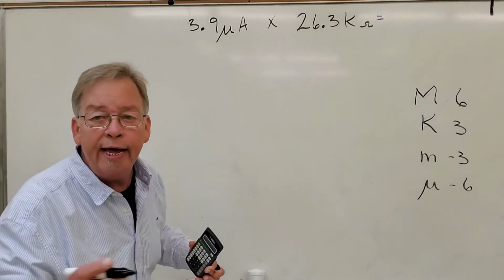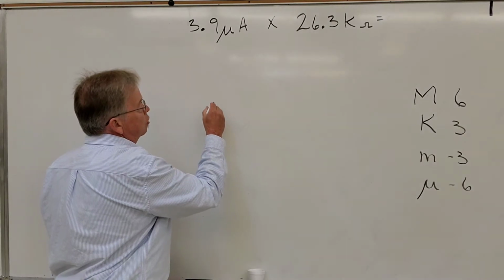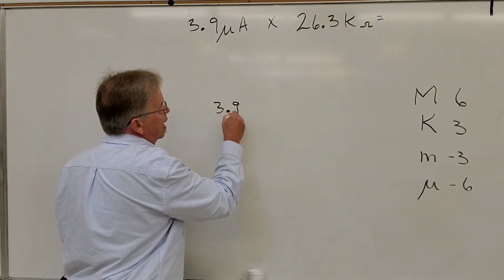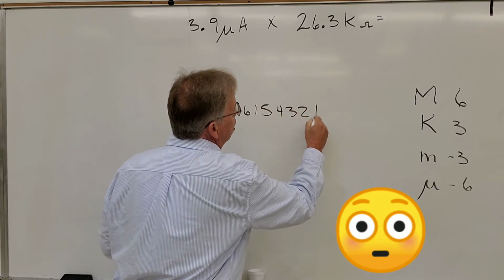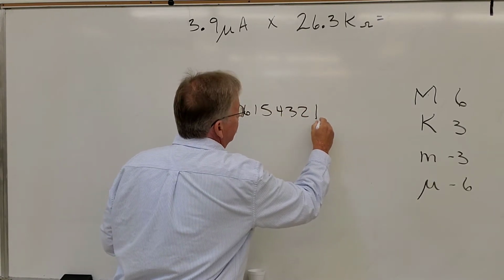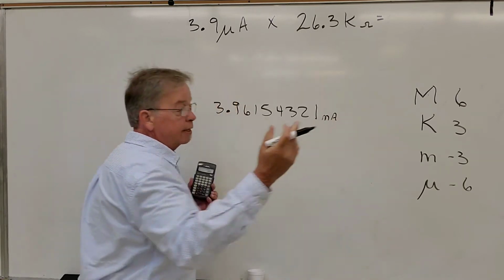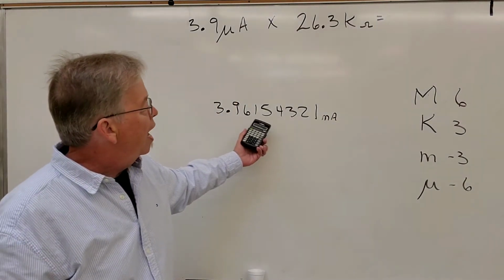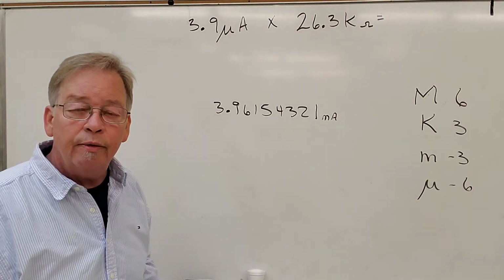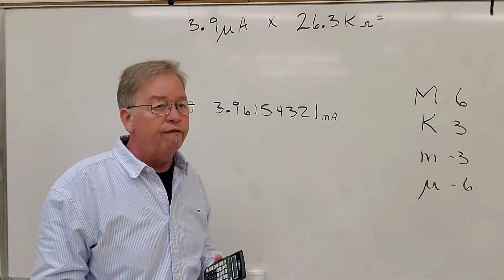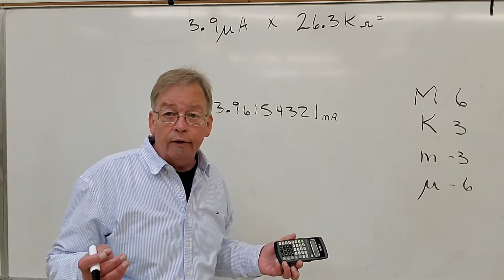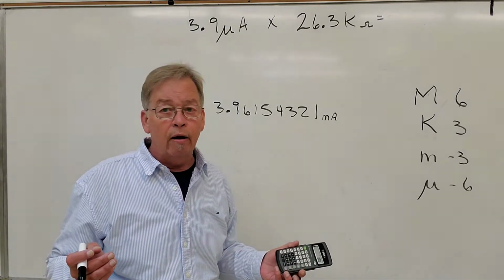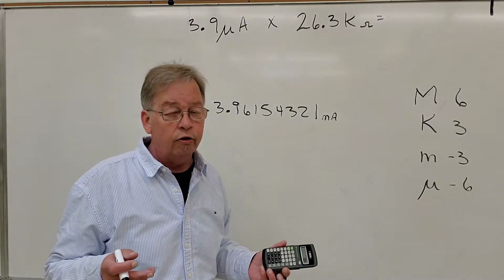Now, first of all, I can perform an equation and come up with an answer that's 3.9615432 milliamps, let's say, okay? Now, do I need that much precision? No. Because what we're going to find out is there ain't nothing that man makes that's perfect, including electronic components. There's a little bit of error built into them in the first place.